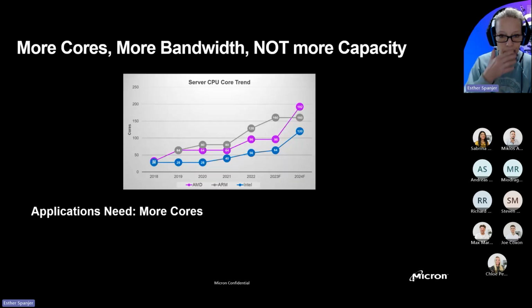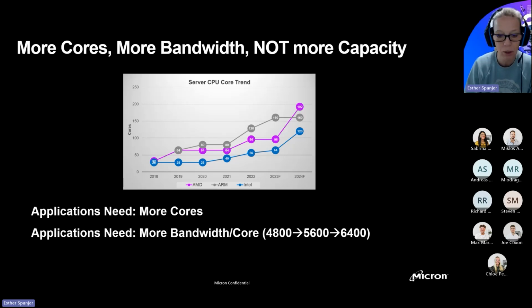Now, one of the side effects that we're starting to see in the industry as we're moving towards higher cores, because we need more performance, is this. More cores, we know we need more bandwidth per core, right? We're transitioning from 4800 to 5600 to 6400.